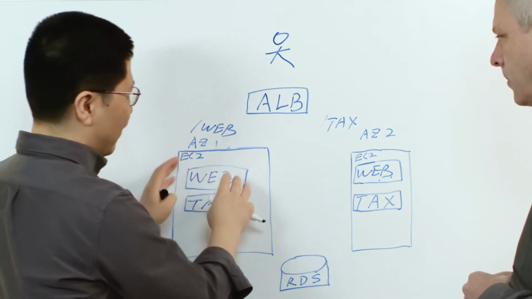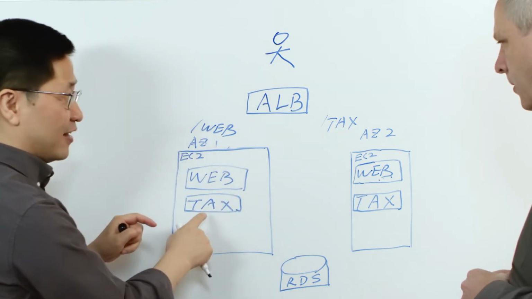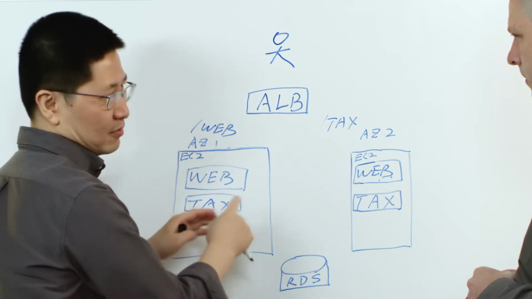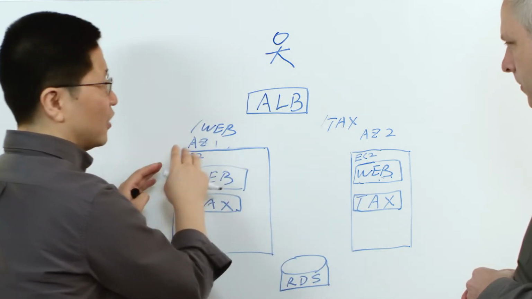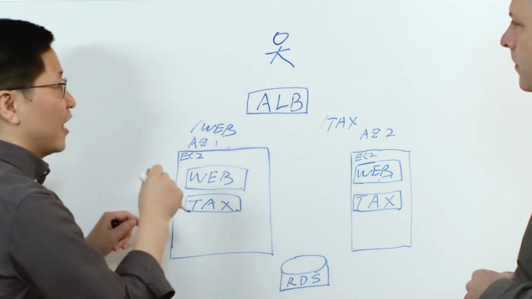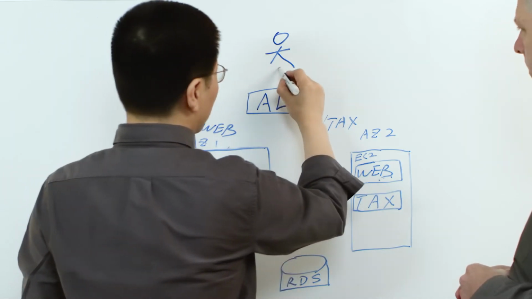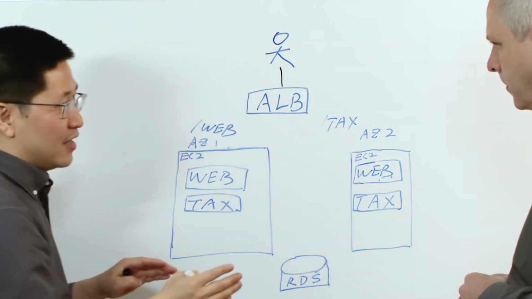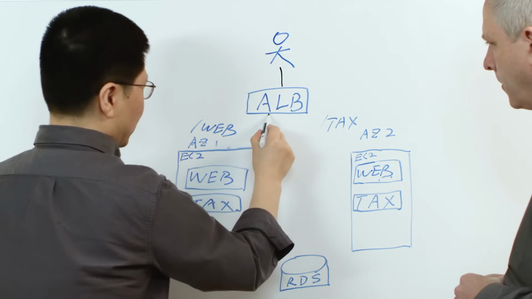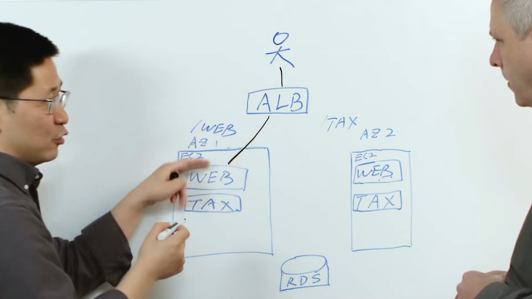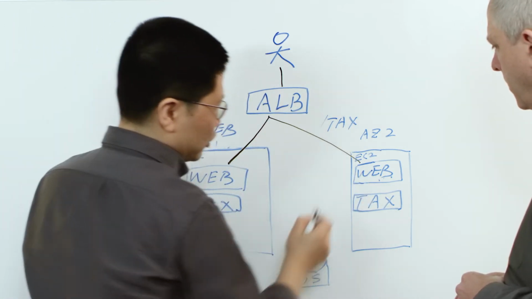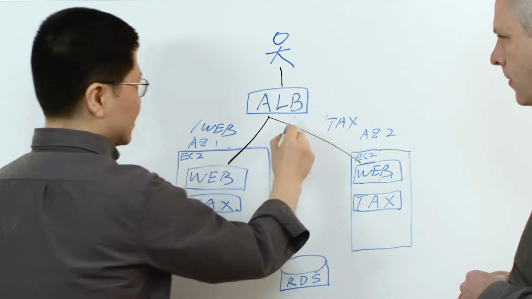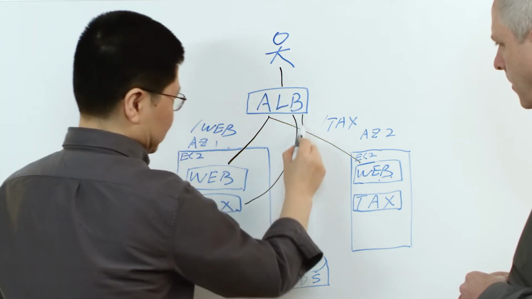For example, we have two containers, web and tax. They both run on an EC2 instance in different availability zones, giving you high availability. So when the users come in to hit the load balancer, based upon the path, you can direct the traffic. If it's web, then go to the web, and if they want to pay the tax, then they can go to the tax.